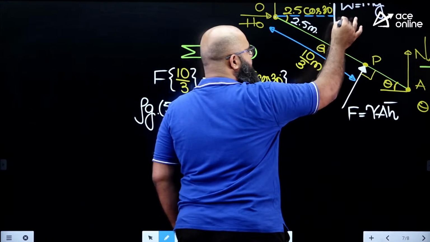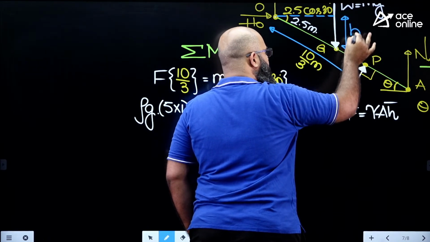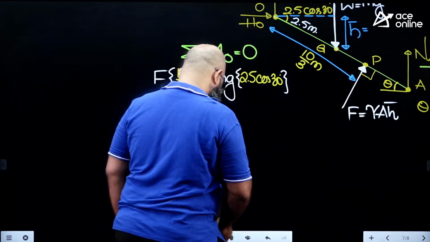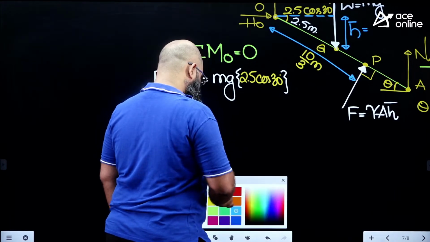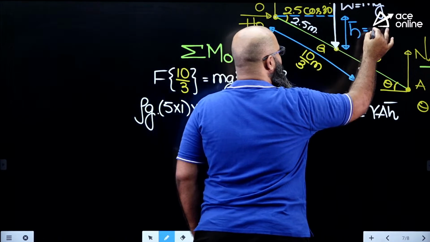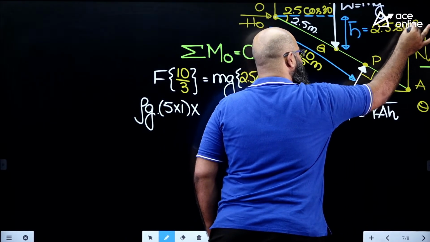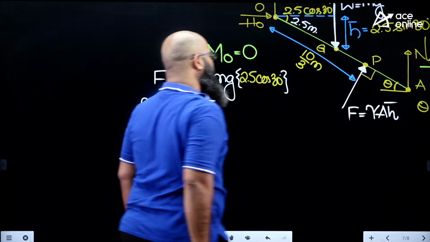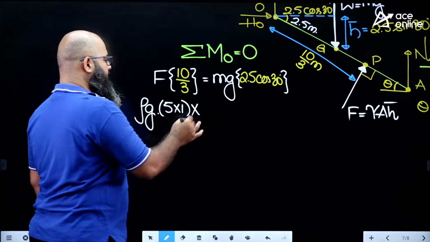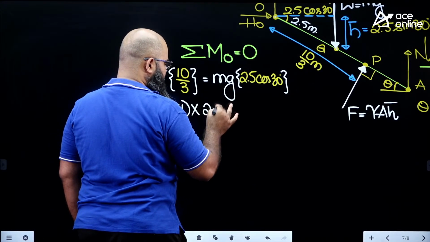H bar is the vertical distance over here. And the value of h bar should be equal to how much? Think logically. H bar would be equal to 2.5, this time sine 30 would come. So the value of h bar is equal to 2.5 sine 30.